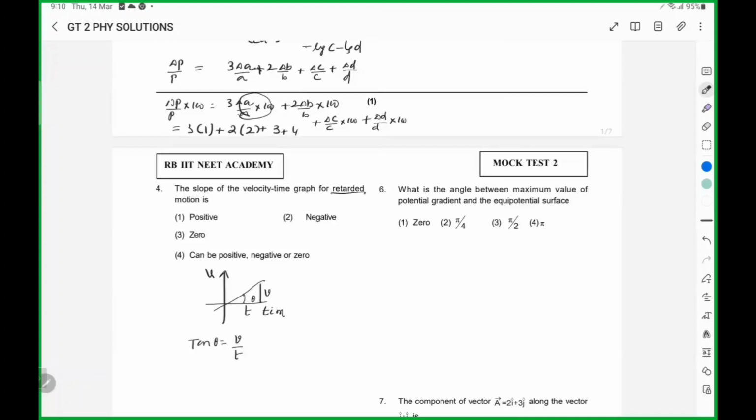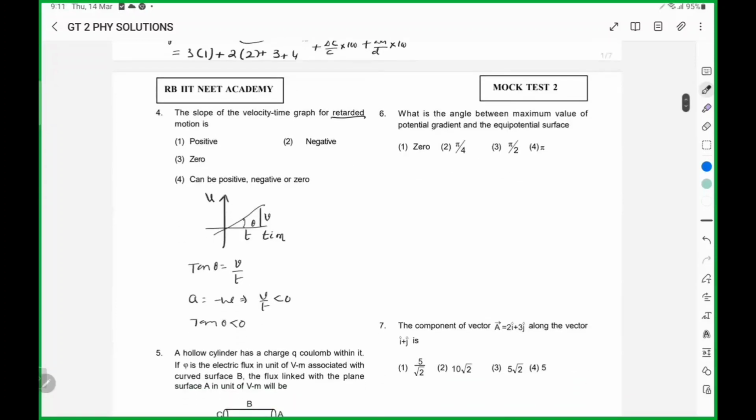For a retarded motion, it means acceleration is negative, v by t is negative, tan theta is negative. So the slope will obviously be negative, which means that line makes an obtuse angle.